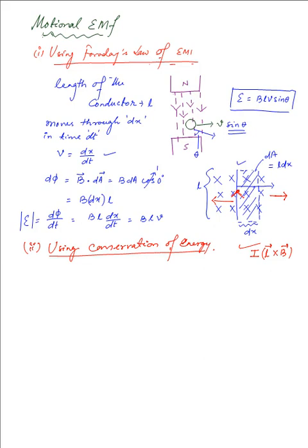Obviously the velocity that was taken was constant, so the acceleration in that case is zero, and the net force is going to be zero. And because the net force is going to be zero, the forces are eventually cancelling out each other.